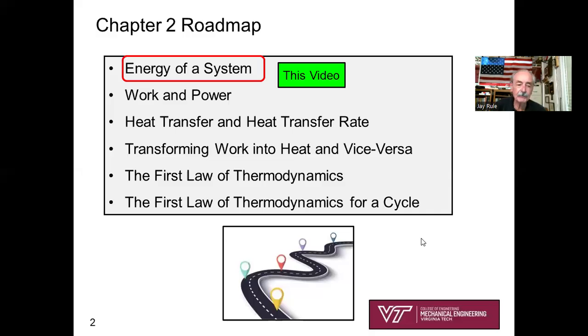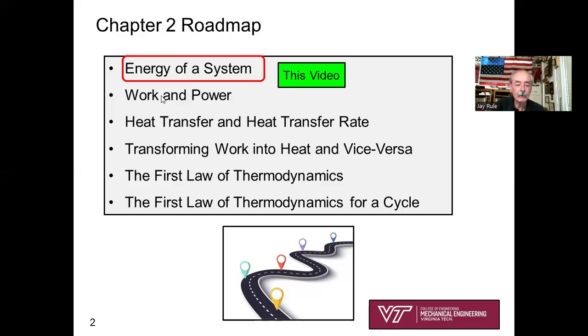This video is going to start with what we call the energy of a system. Remember, in chapter one, we dabbled in that. I brought up that there are different forms of energy. I said one of the forms is internal energy, and I'm not going to say much about that. Well, we're going to say a little bit more about it now.